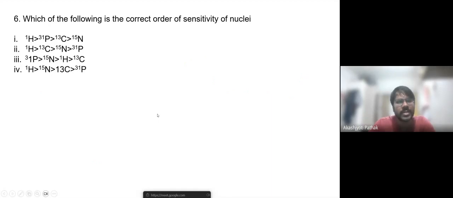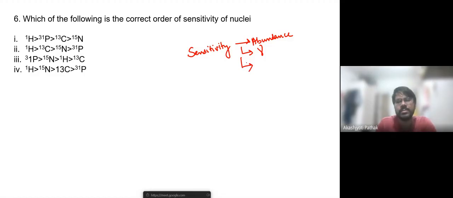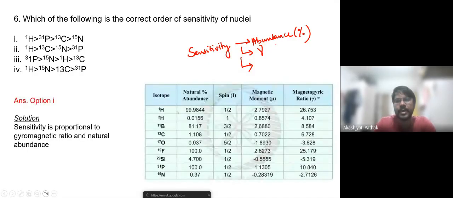Which of the following is the correct order of sensitivity? Now the sensitivity of a nucleus depends on three factors. One is the abundance. It will depend on the abundance, it will depend on the gyromagnetic ratio, and it will also depend on the magnetic moment as well.